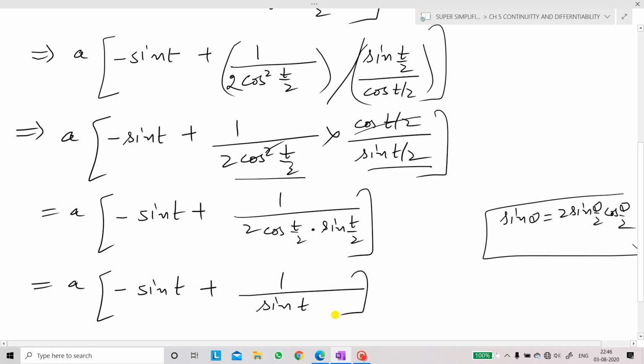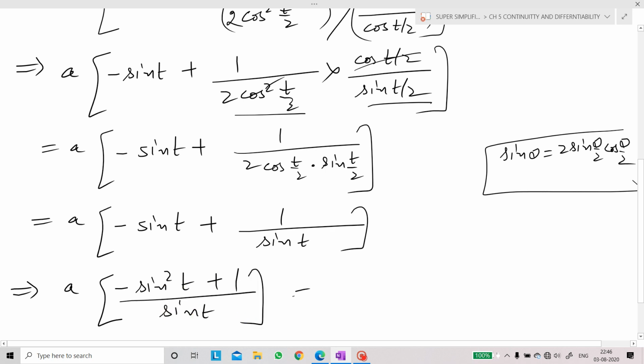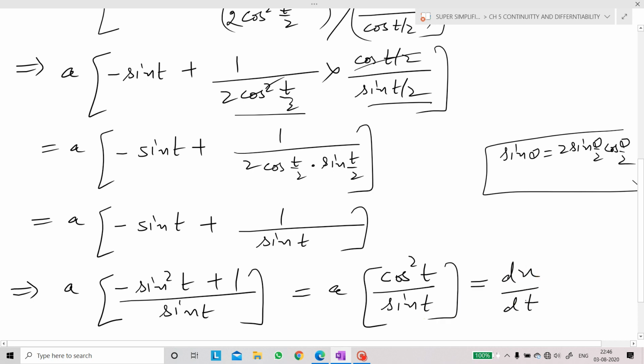Now you take the LCM and you get minus sin square t plus 1 upon sin t. So 1 minus sin square t is nothing but cos square t upon sin t. So I think you have simplified it most, and this is the expression for dx by dt.